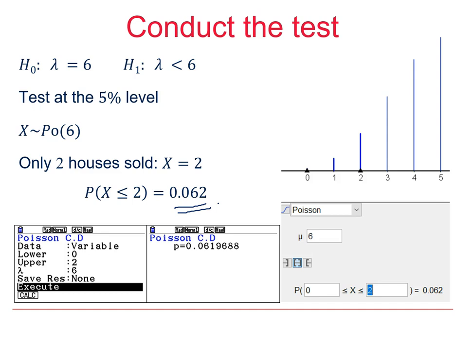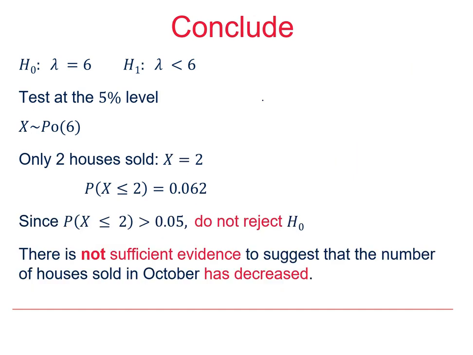And we now need to compare this outcome to the significance level of the test. And so we're going to be looking at 0.062 and comparing it to the 5% level of significance. And of course 0.062 is greater than 0.05.